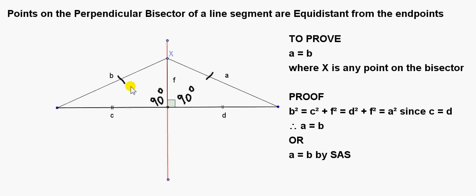And if the two triangles are congruent, then the sides opposite the equal angles in both triangles are the same. So the side opposite the 90-degree angles are A and B, so A must equal B. Also, we can go a bit further actually. Since we now know that these two triangles are congruent, we know that this angle here is equal to this angle here.